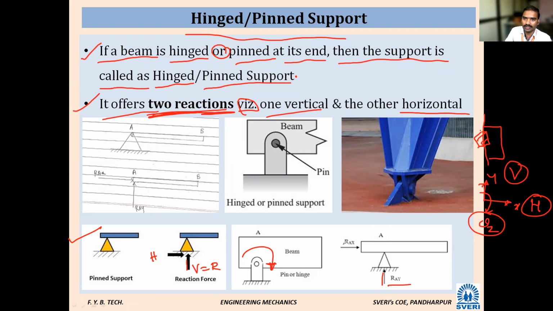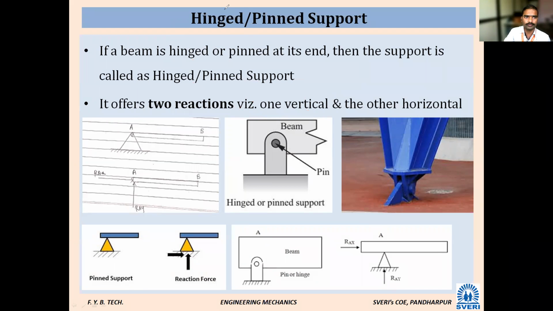The horizontal reaction is RAX. Have you taken this figure? Pinned support. Is it clear? See, this is one steel structure. It will not move in X or Y direction. It will rotate.